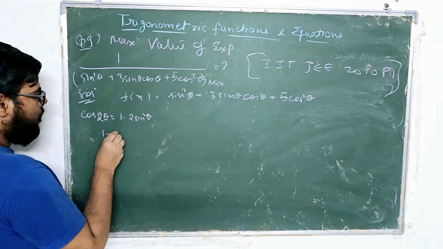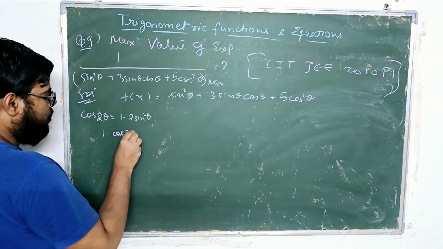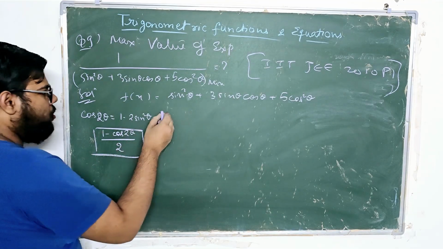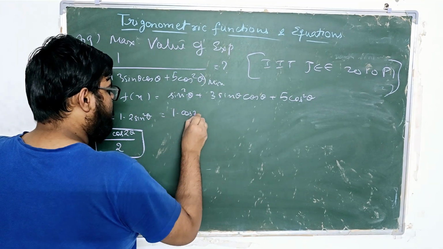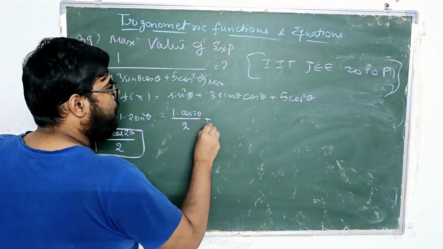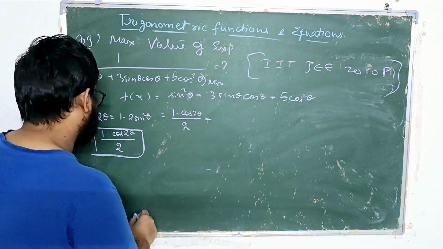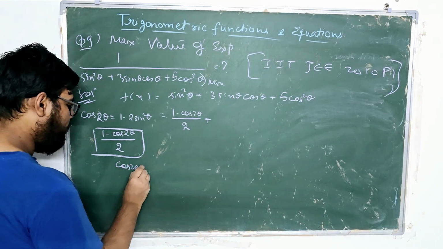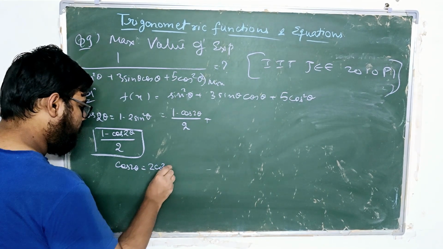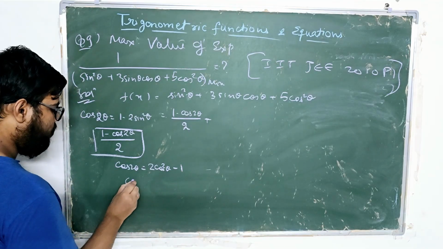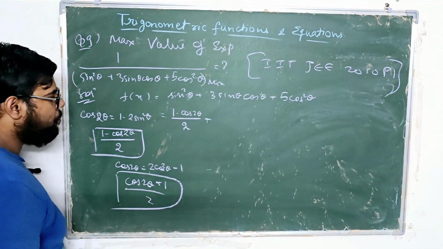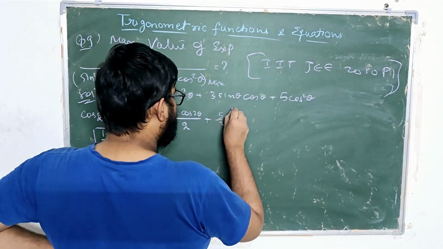So 1 minus cos 2 theta divided by 2 is sine square theta, just substitute it. Similarly over here, cos 2 theta is 2 cos square theta minus 1, so cos square theta is cos 2 theta plus 1 by 2, plus 5 by 2.